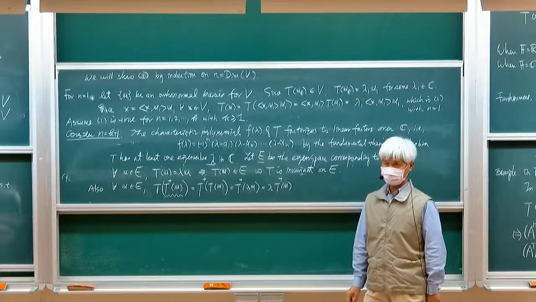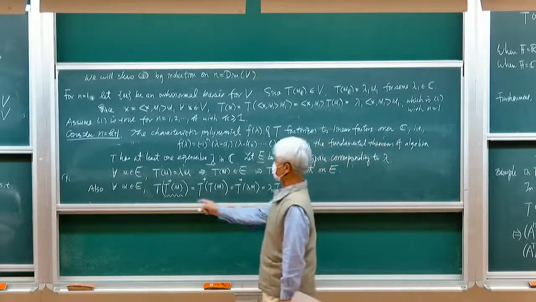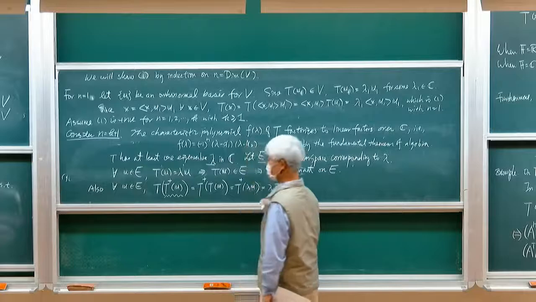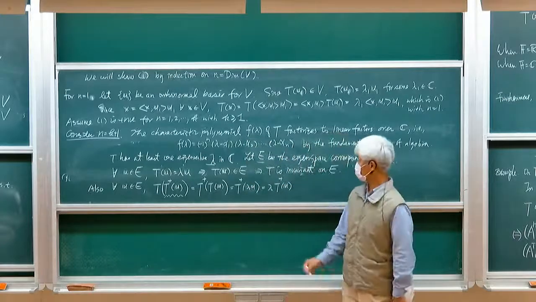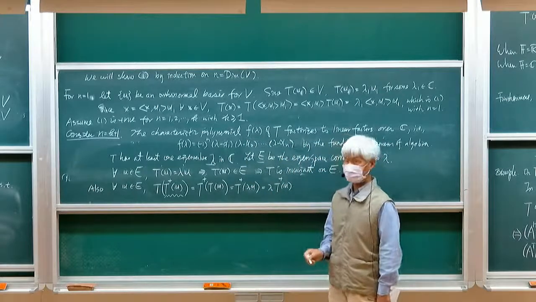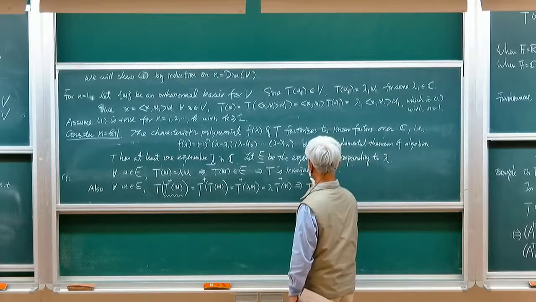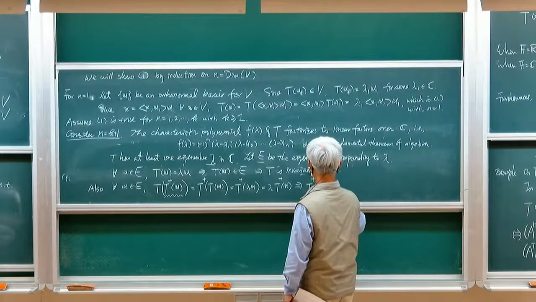What happened? T dagger u satisfies the eigen equation corresponding to the eigenvalue lambda. So this means that T dagger u is also in E.